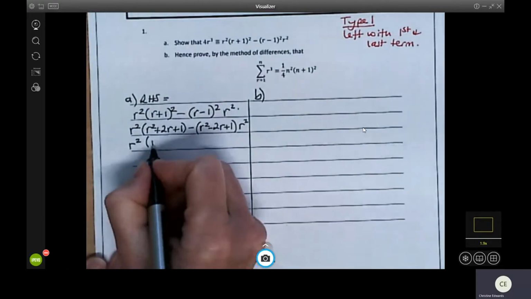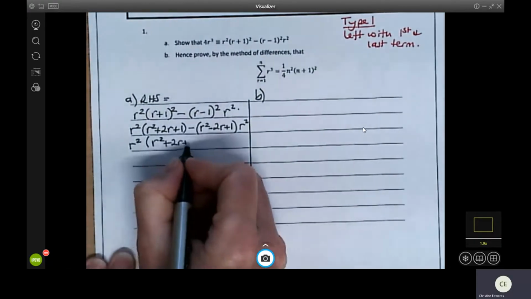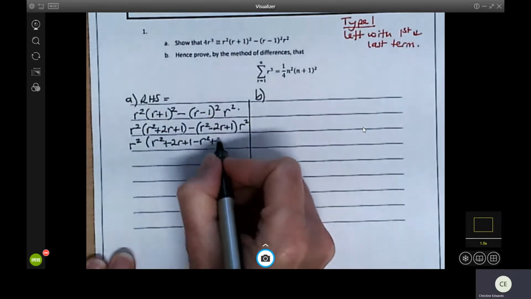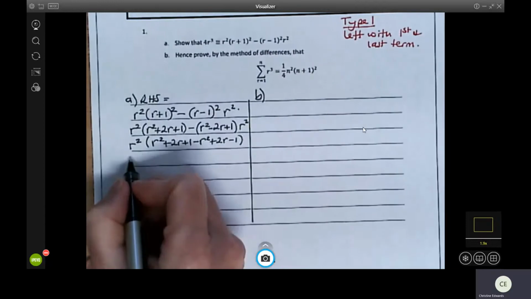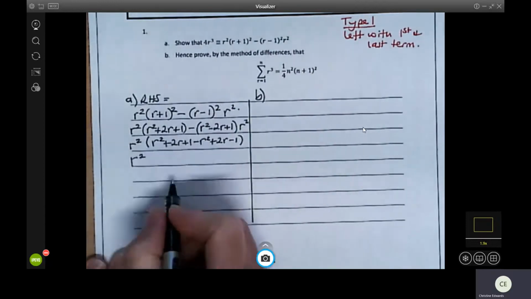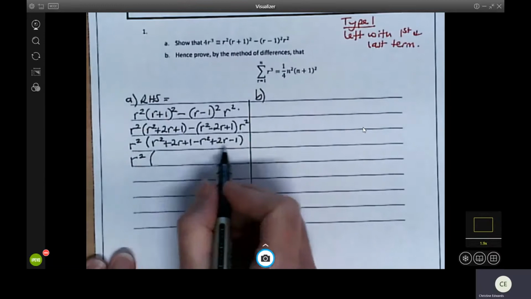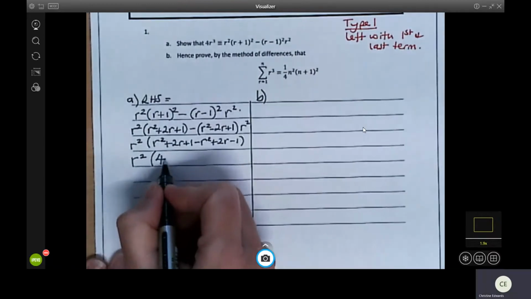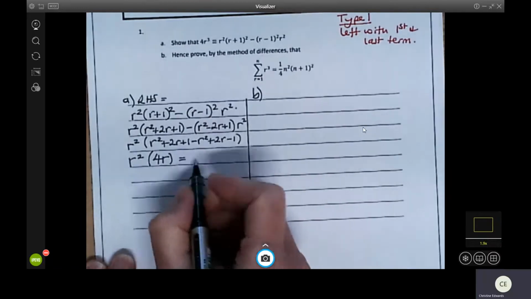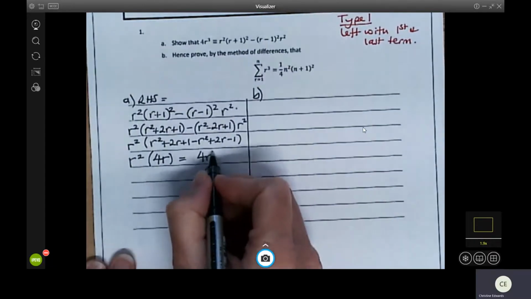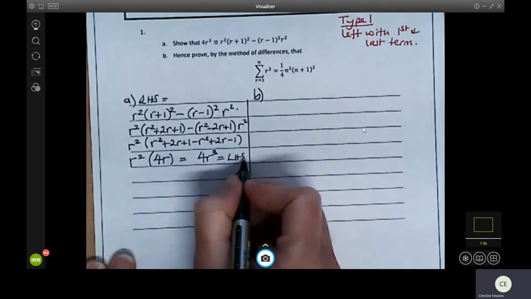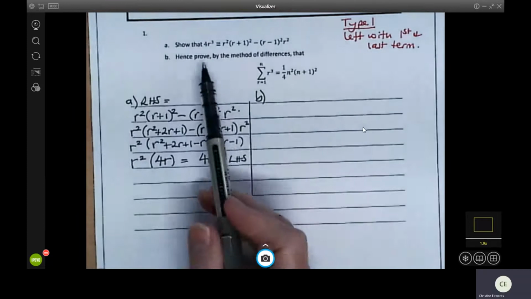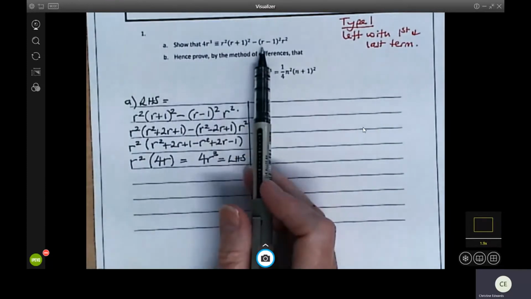That gives us r squared plus 2r plus 1 minus r squared plus 2r minus 1. Simplifying, that gives me r squared, and in the bracket the terms cancel and leave me with 4r, which if I multiply out gives me 4r³, which is my left hand side. So I have shown that 4r³ is equal to this difference.